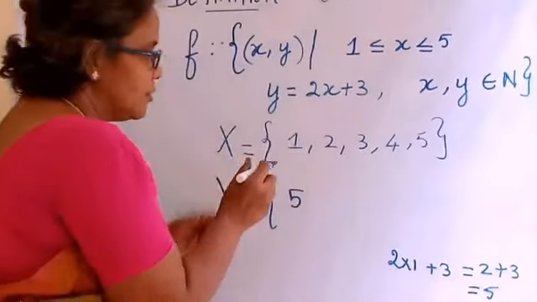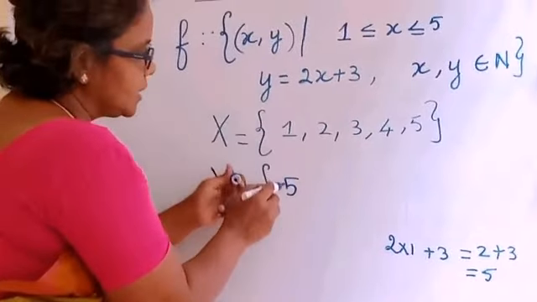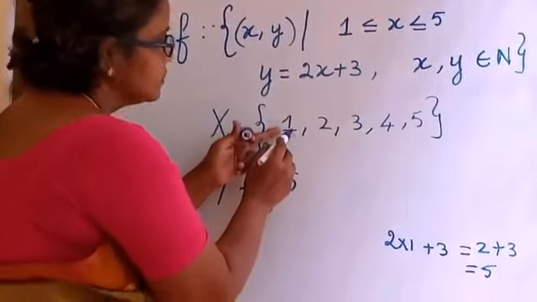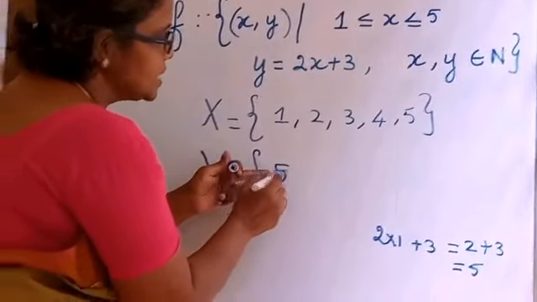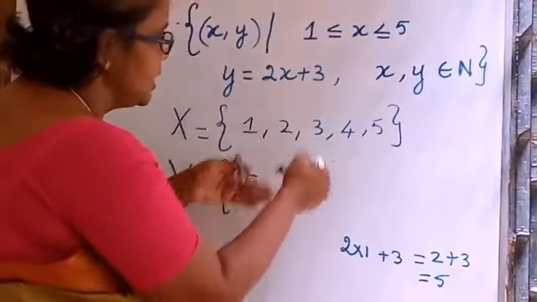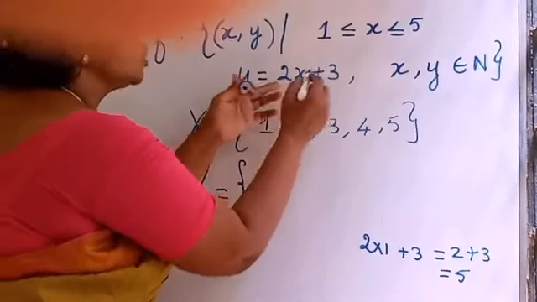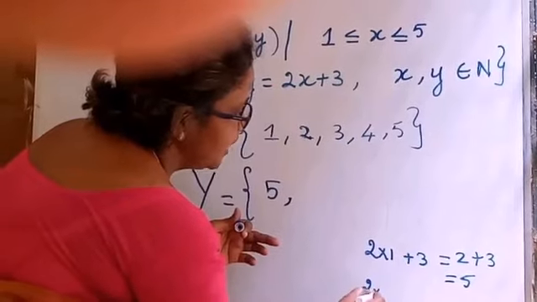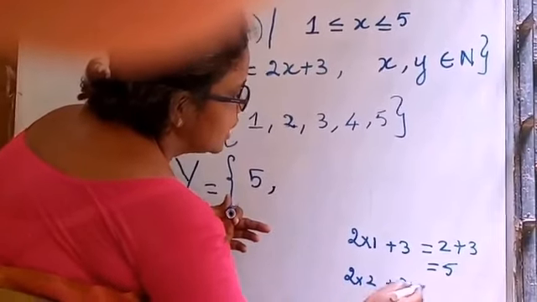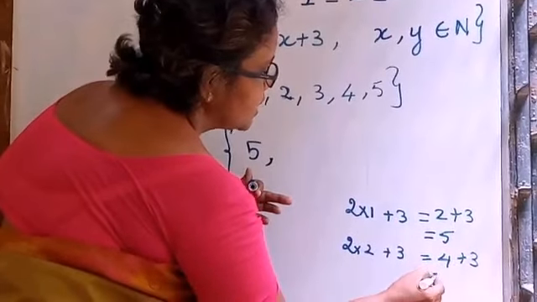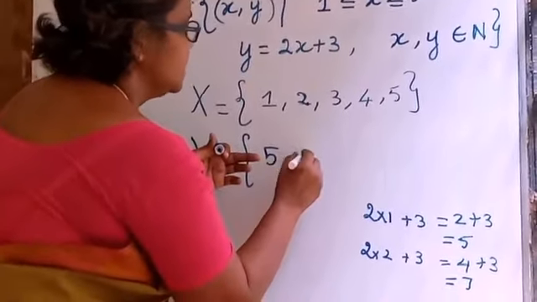You'll be getting 5, for x equal to 1. Likewise, substitute x as 2 in this function, you'll get 2 into 2 plus 3, which is equal to 4 plus 3, which is equal to 7.